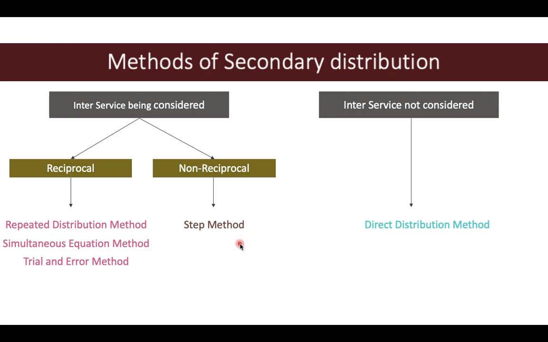When service departments are doing service to restricted departments, then we can go for step method. If it is reciprocal, one service department is doing service to another department and that department is again doing service to the other department, we call it reciprocal. Then at that time we can go for repeated distribution method or simultaneous equation method or trial and error method.